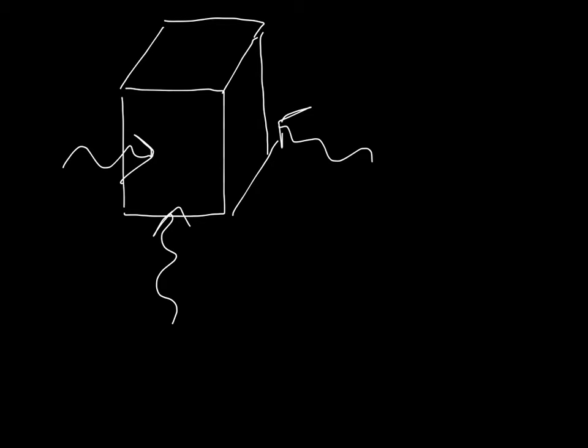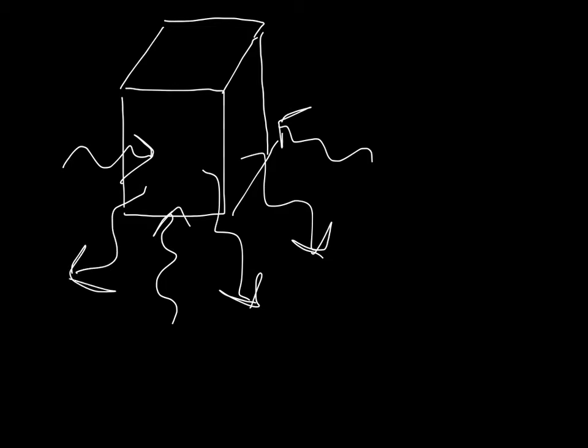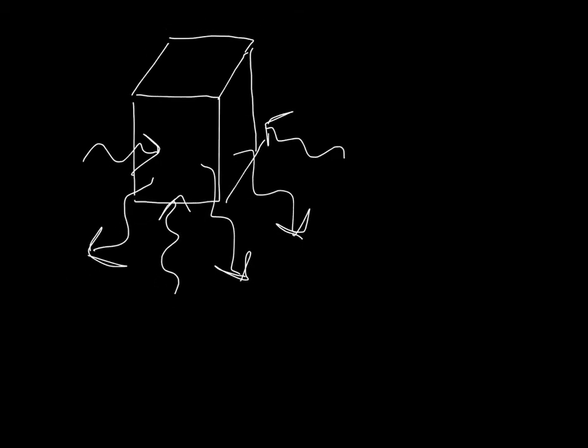Now, a perfect black body would absorb all of these energies and then re-emit them, not reflect them. So it would absorb all the energy and then re-emit all the energy.